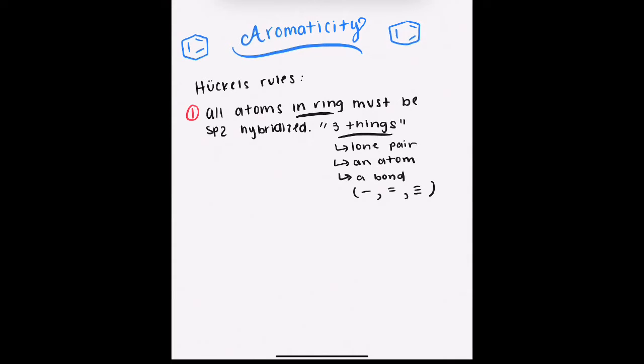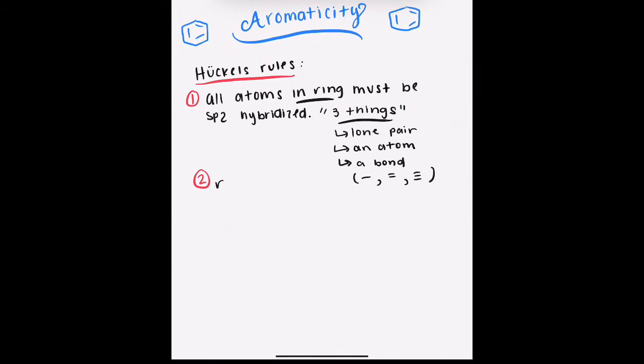Number two, the ring must have n equal an integer using this formula: 4n plus 2 equals the pi number of electrons.